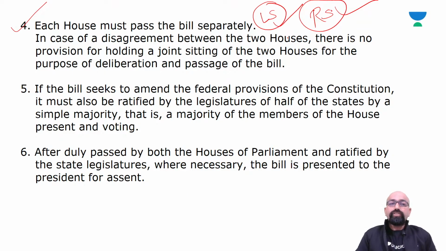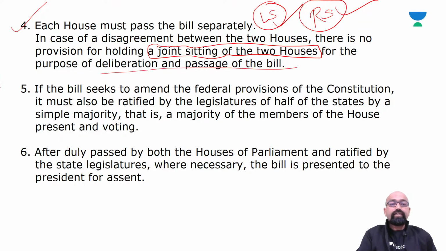Just remember the point, each house must pass the bill separately. And next, in case of disagreement between the two houses, there is no provision for holding a joint sitting of the two houses for the purpose of deliberation and passage of the bill.